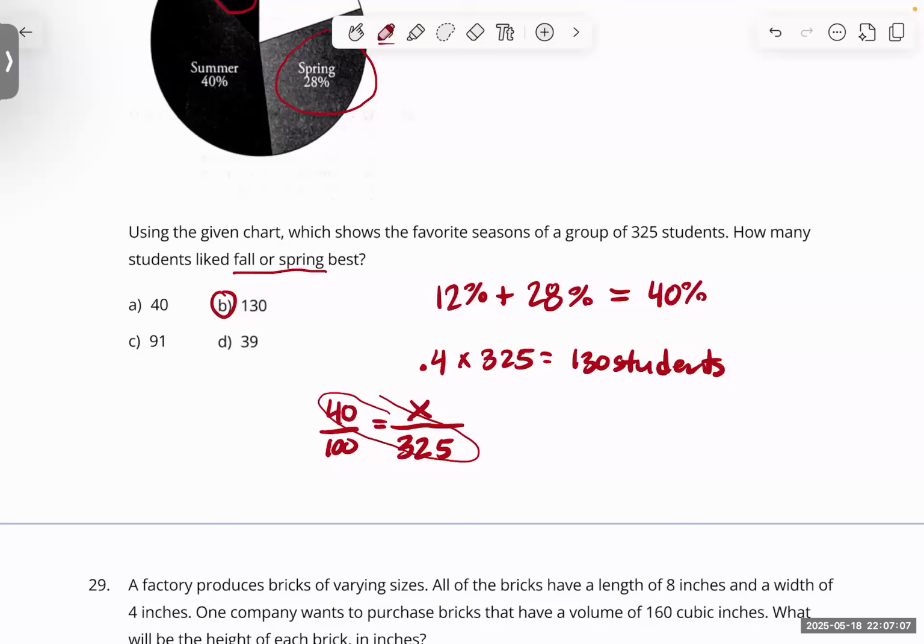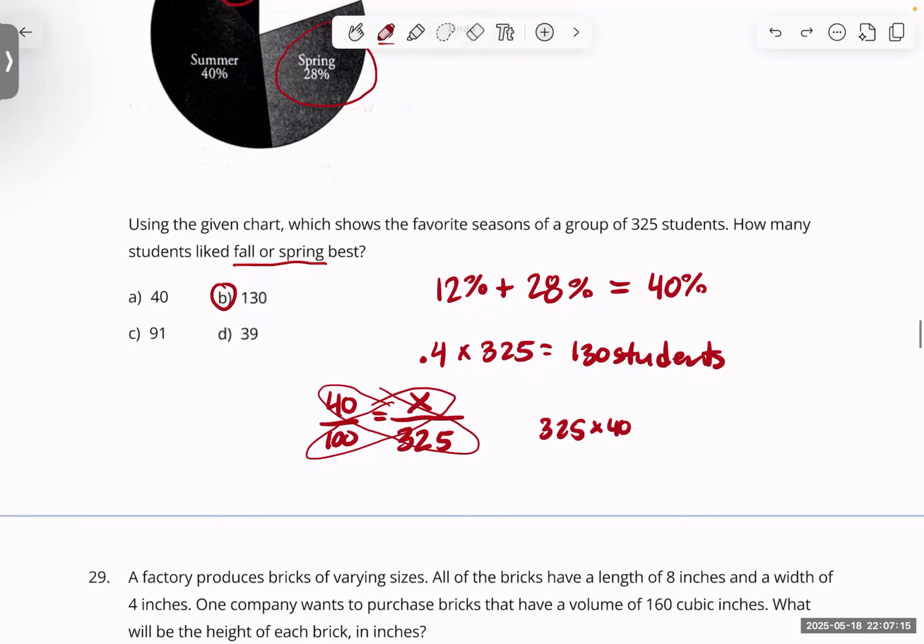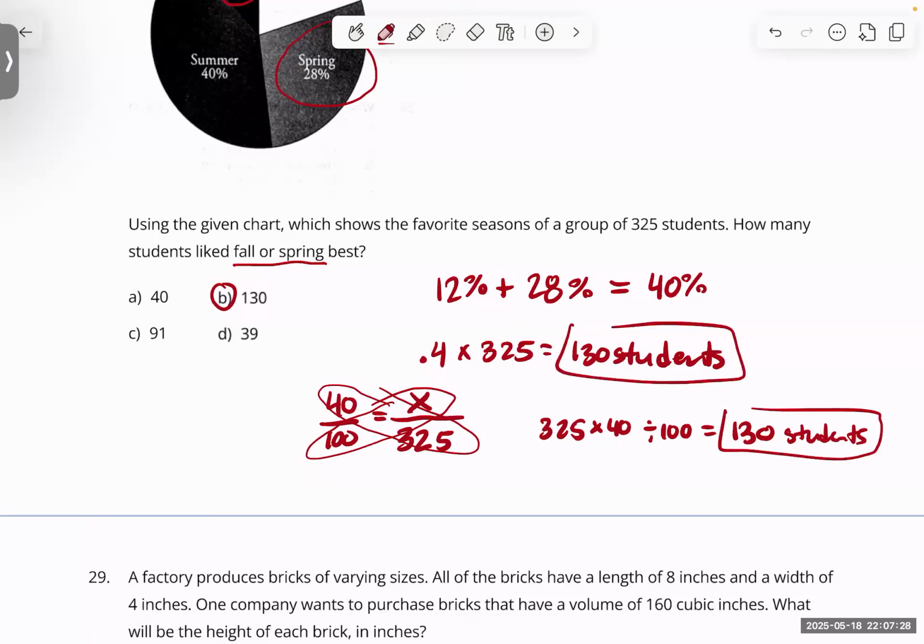You do 40 times 325 divided by 100. And that is, in your calculator, going to be 130 as well. It's the same logic, because 40 over 100 is the same thing as 0.4. It's 4/10.